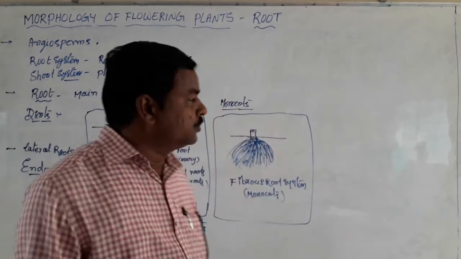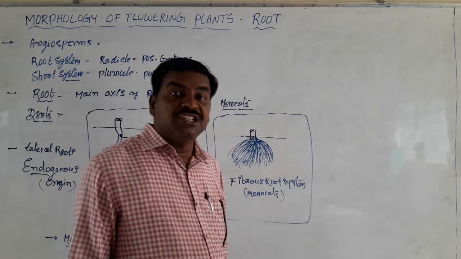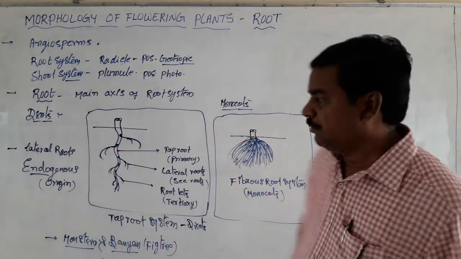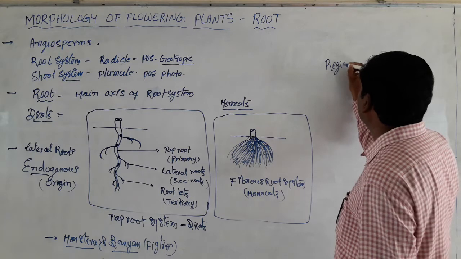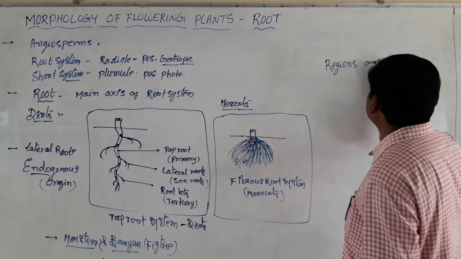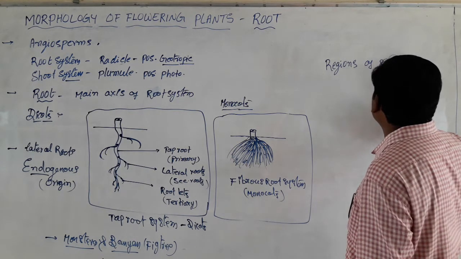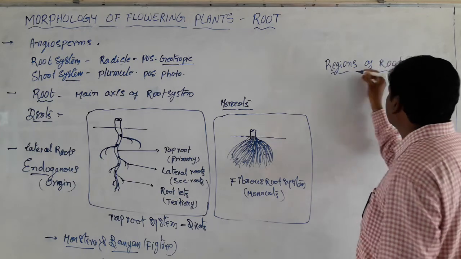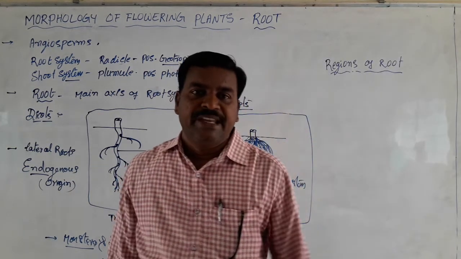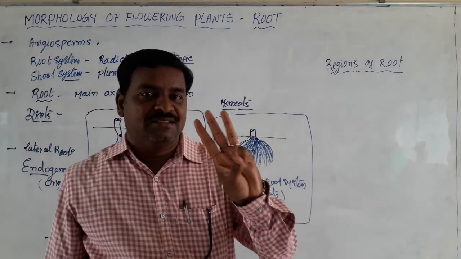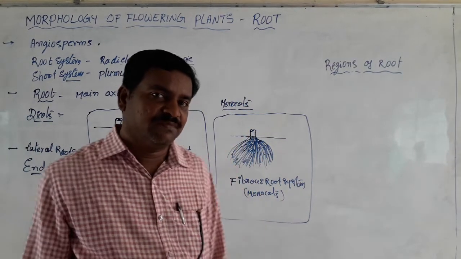Students, now coming to the regions of the root. Very, very important. Regions of the root. Students, the primary root system is represented by mainly three regions. There are three regions.